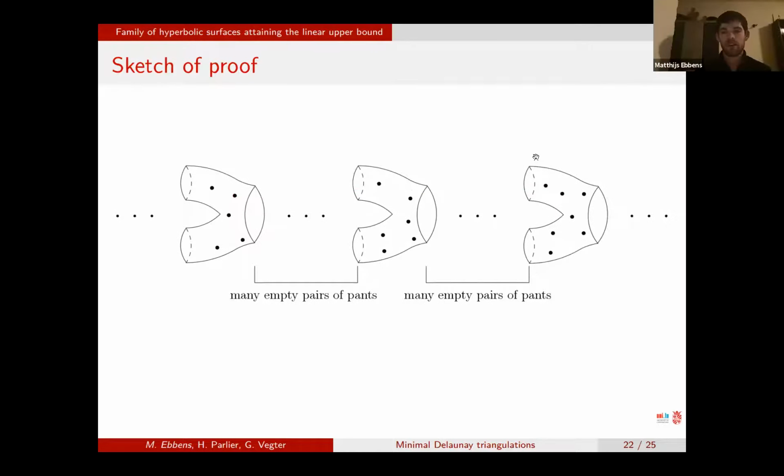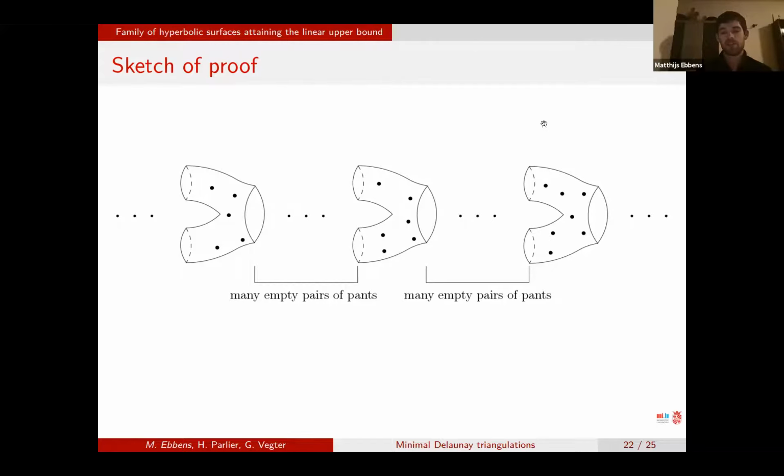And of course, there are some details here to work out, but essentially the result is that you can decompose the surface into sort of blocks where, for example, here's a block, and the edges will always go from a block to itself or from a block to the next block. But there will be no edges going from a block, skipping one, and then going to the next one.